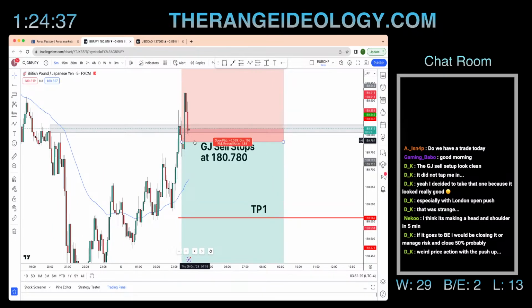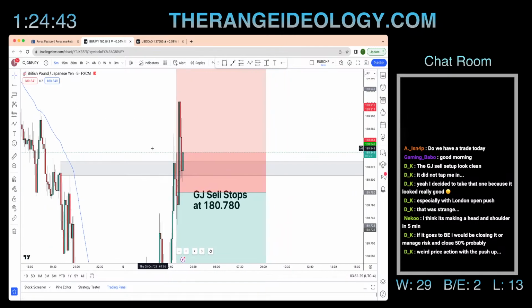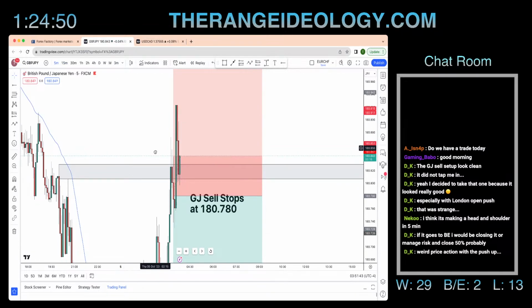If it does one more bearish push here, it can definitely come down to the EMA here, but it seems like it just continues that bullish push here, and it's not going to come back down.